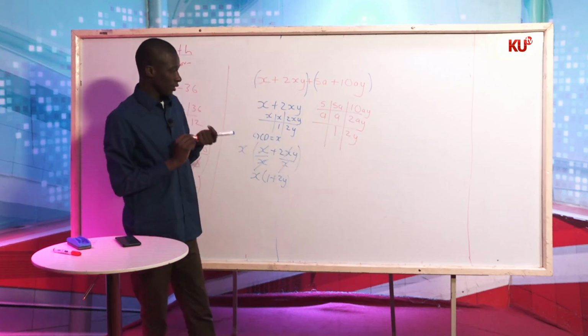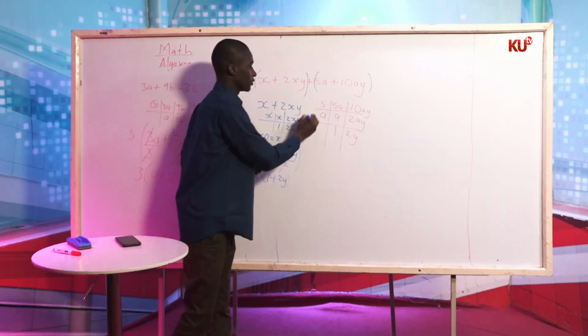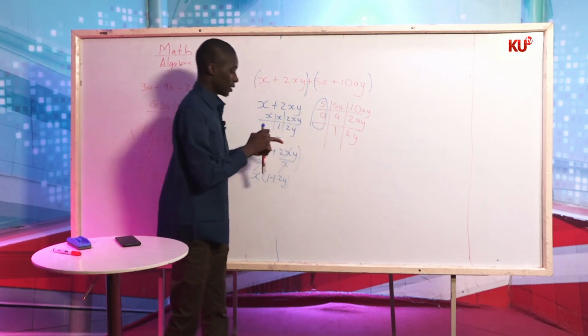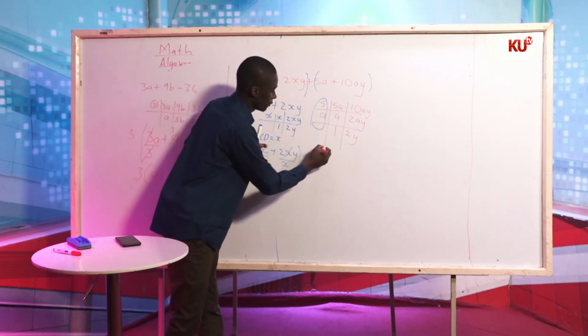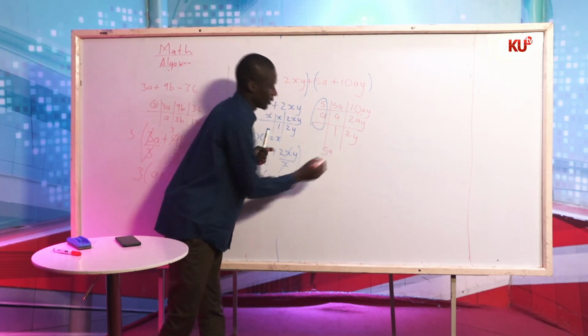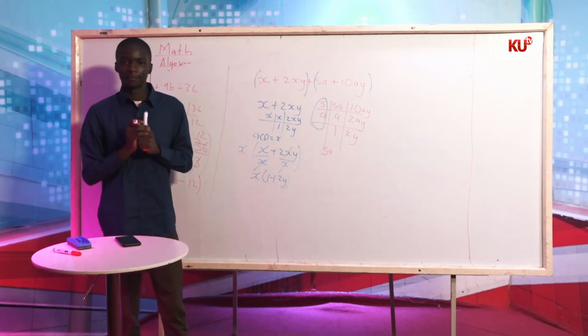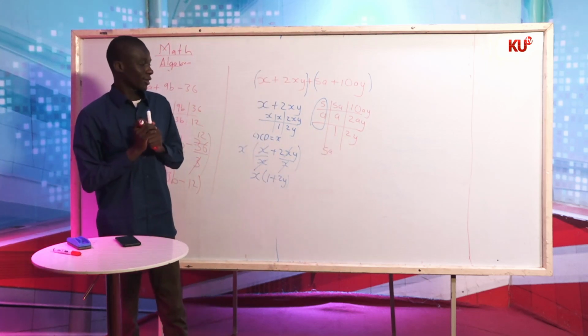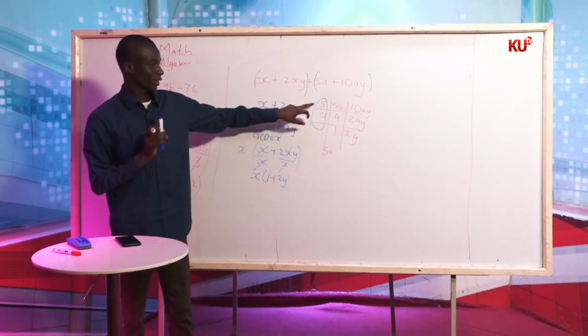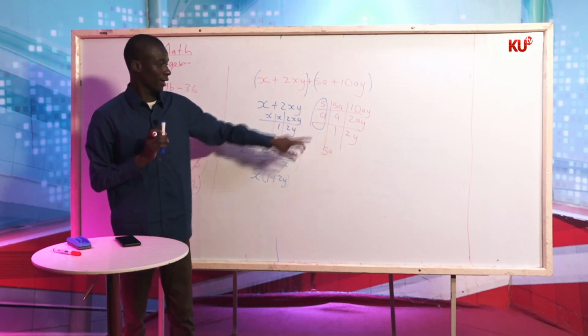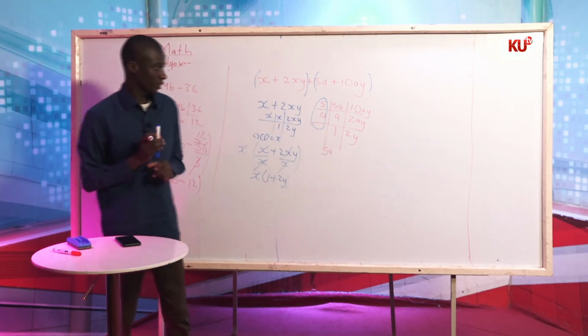Now your GCD in this case will be the product of these two values here. So your GCD, we are going to obtain it from the product of these two parts, which is the multiplication of 5 and a, to give you a 5a as your GCD.